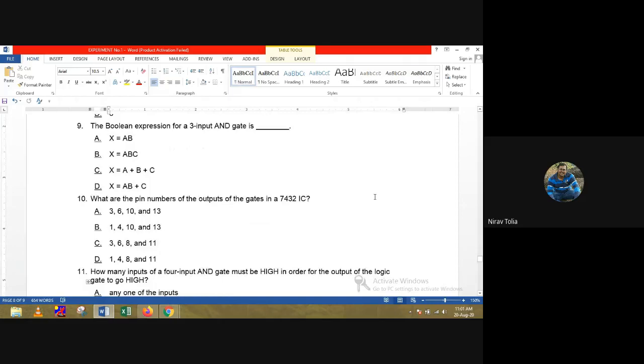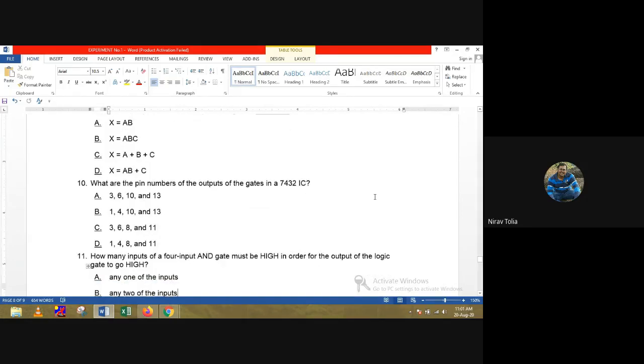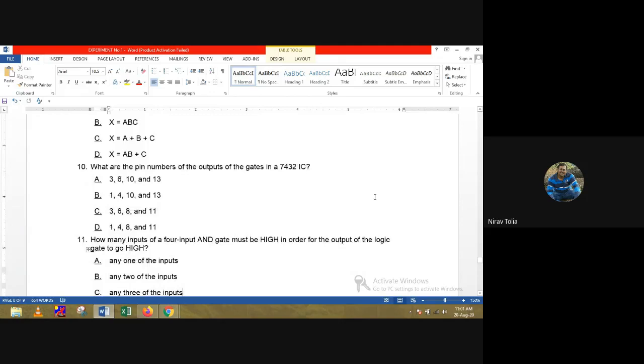It is somewhat a difficult question because we are not drawing the pin diagram. What are the pin numbers of the output of the gate in the 7432 IC? Generally the pin numbers are 3, 6, 10, and 30. The answer is A. Okay, if you see the 7432 IC, we'll see.